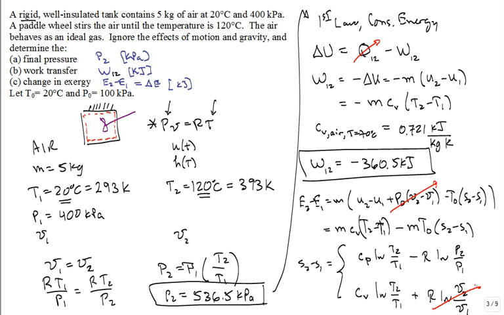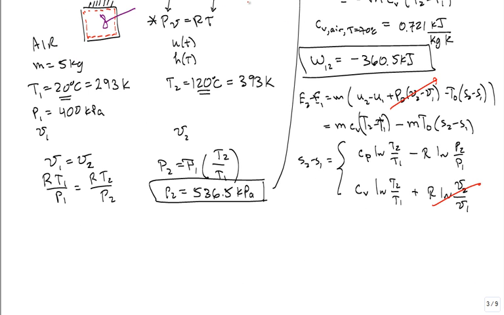Okay? So when you do that, you can then calculate that the change in the exergy is equal to, I calculated that the first term is 360.5 kilojoules minus 310.2 kilojoules. So this term right here is 360.5.